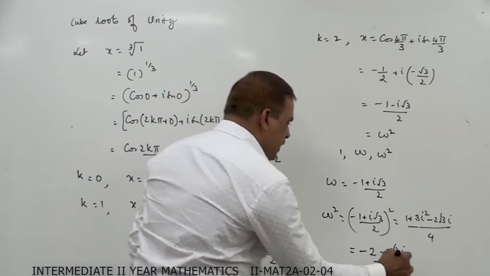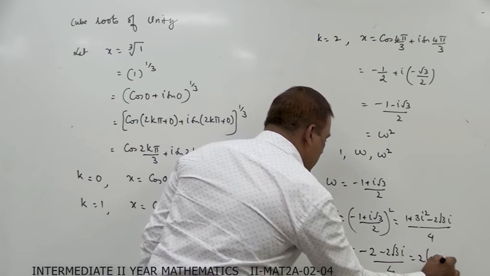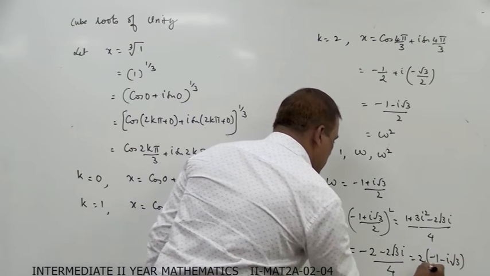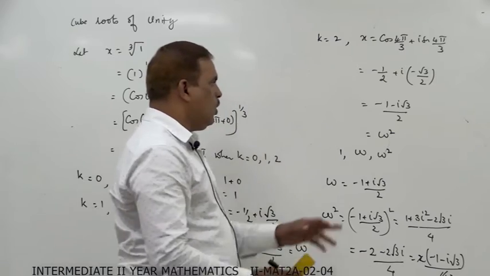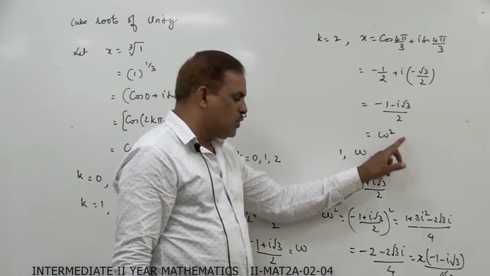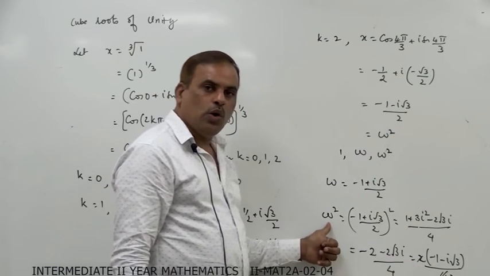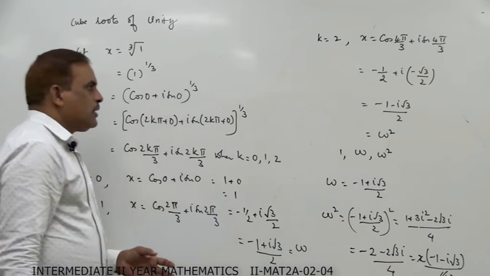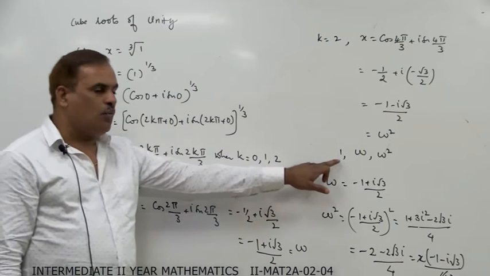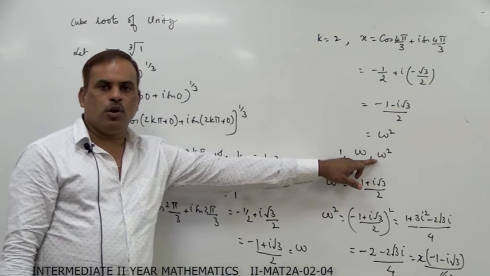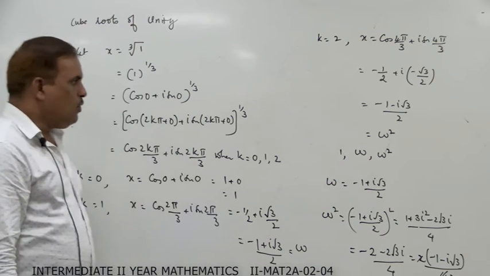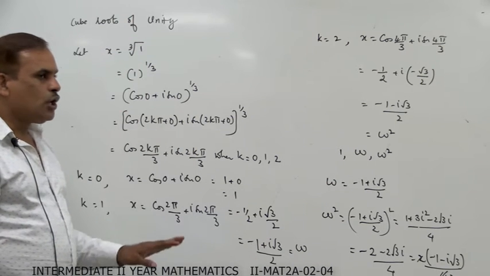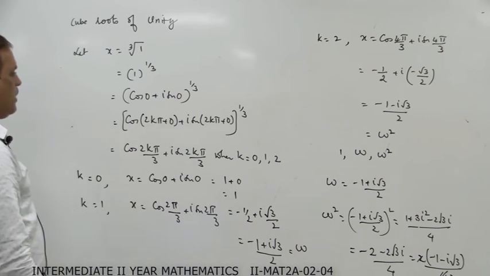Taking 2 common, this is 2 into minus 1 minus i root 3 whole divided by 4. The 2's get cancelled. So, minus 1 minus i root 3 by 2 is nothing but omega square. Hence, the cube roots of unity are 1, omega and omega square. These three are the cube roots of unity.